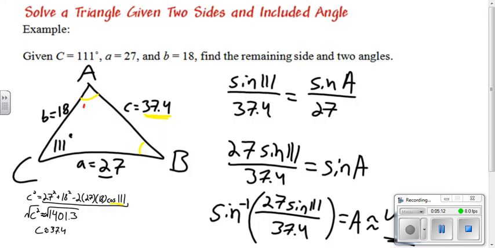I'm going to write that in here. And again, we could continue on, either again with the law of cosines or the law of sines, or at this point, I would say it's probably easiest just to do 180 minus 111 minus 42. That'll give us our last angle, that B. So it's going to come out to 27 degrees.